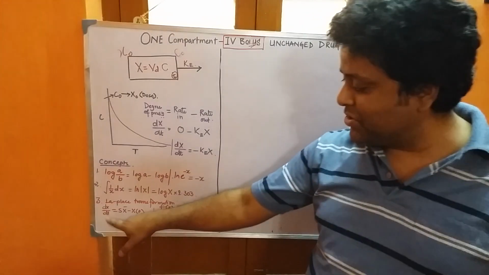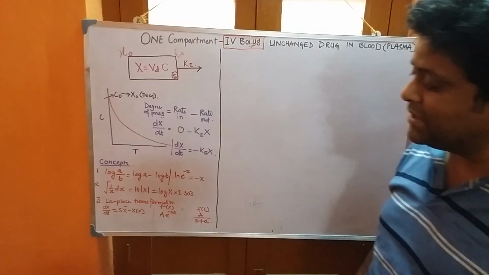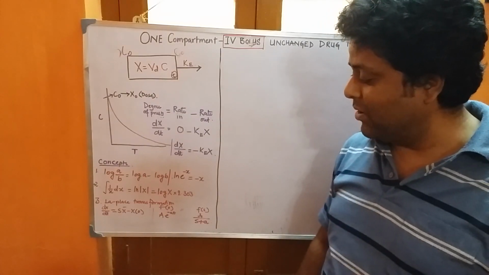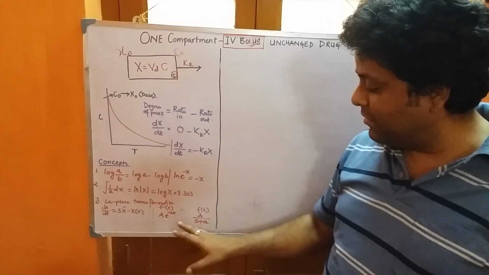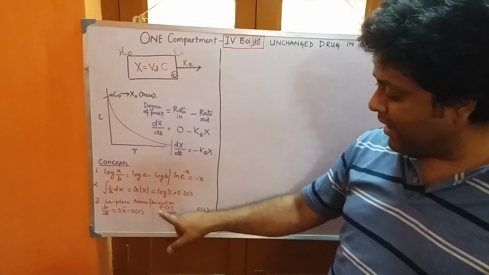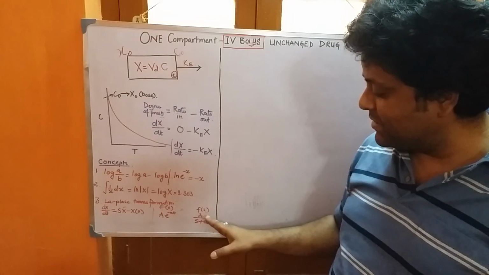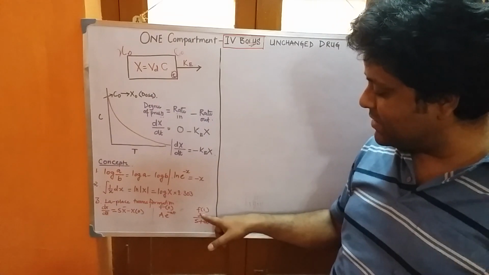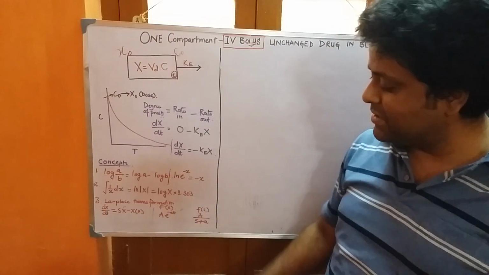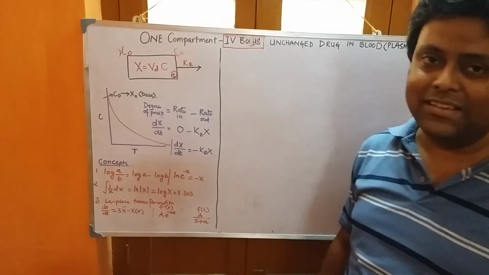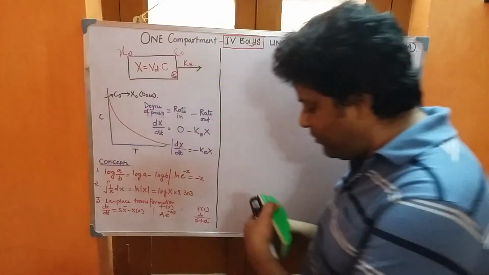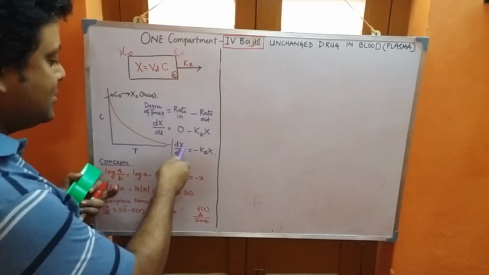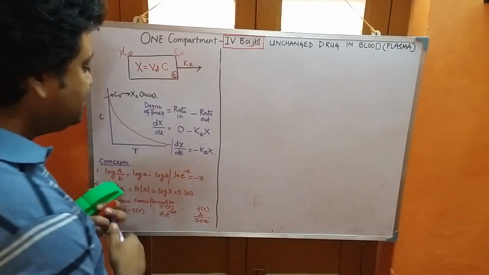The Laplace transformation of dx by dt can be represented as s x dash minus x naught, and the conversion from F(s) to f(x), or rather from F(s) to f(x), gives some value like a by s plus a, which is a e to the power minus at. So let us start off. We will start the discussion right from here.